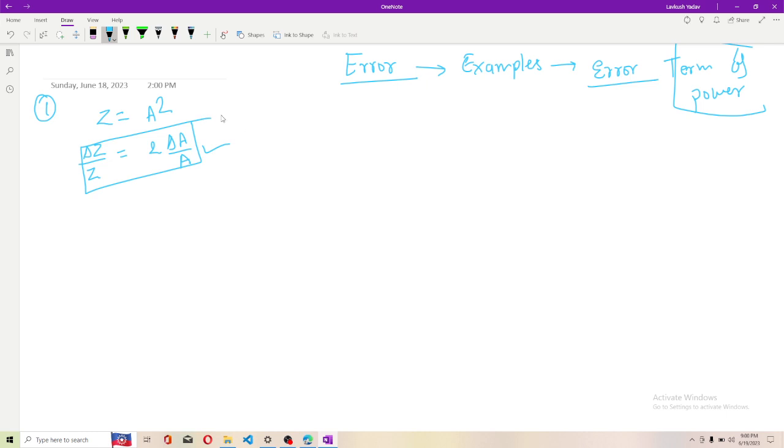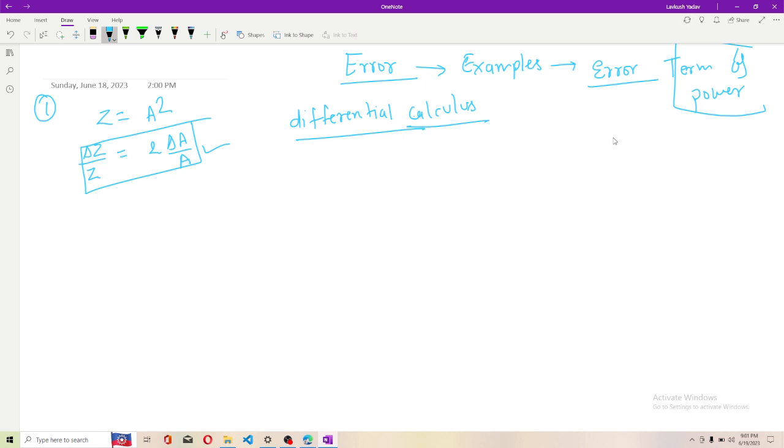So basically there is a differential. Differential calculus you should know from your maths class, but I'm just going to give you a basic overview here.